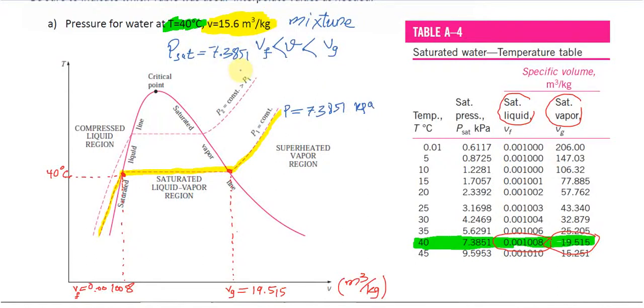kilopascal. And if I want to find everything that I need, one of them is missing, which is the quality. That's why I still need to work and show the corresponding point on the curve.